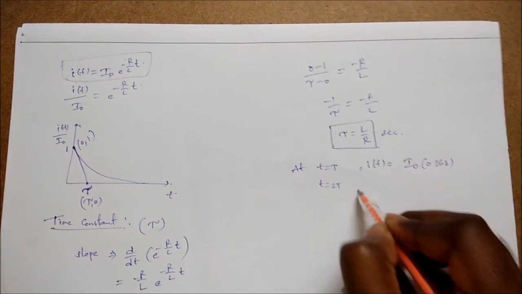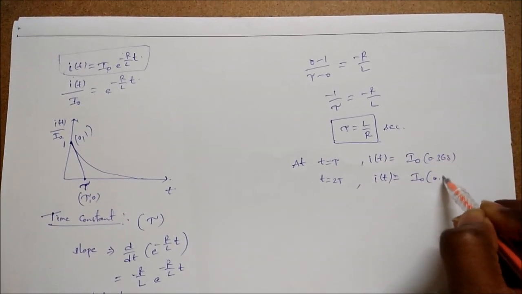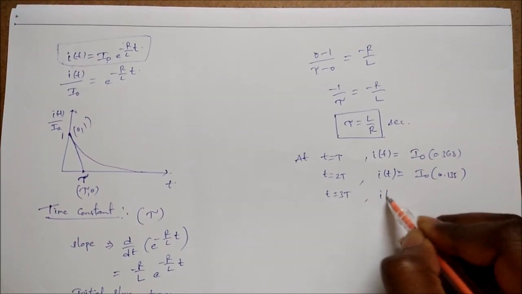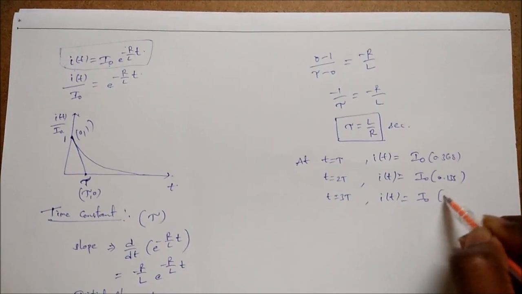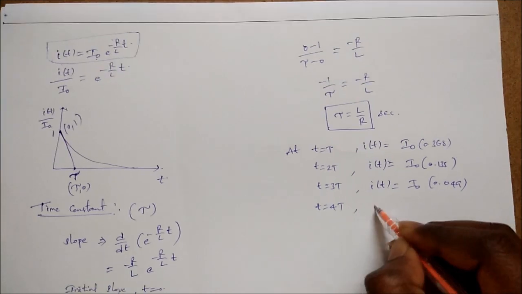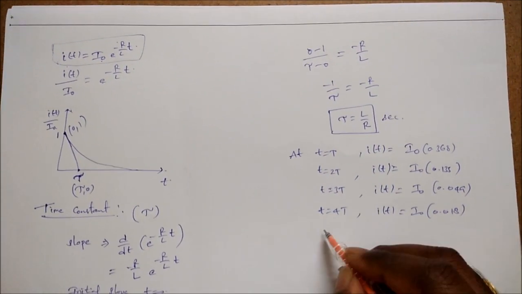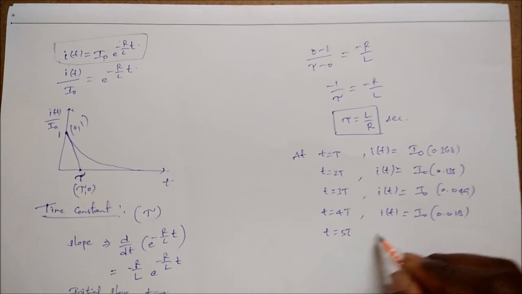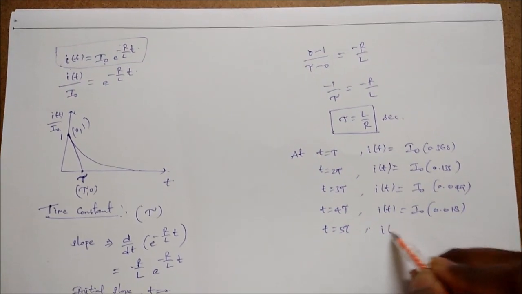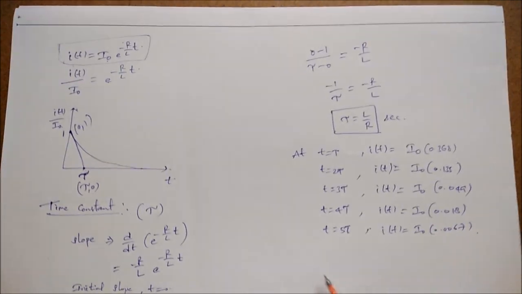At t is equal to 2T, I of t is equal to I naught into 0.135. At t is equal to 3T you will get I naught into 0.049. At t is equal to 4T, I naught into 0.018. And at t is equal to 5T, that is 5 time constants, I of t is equal to I naught into 0.0067.